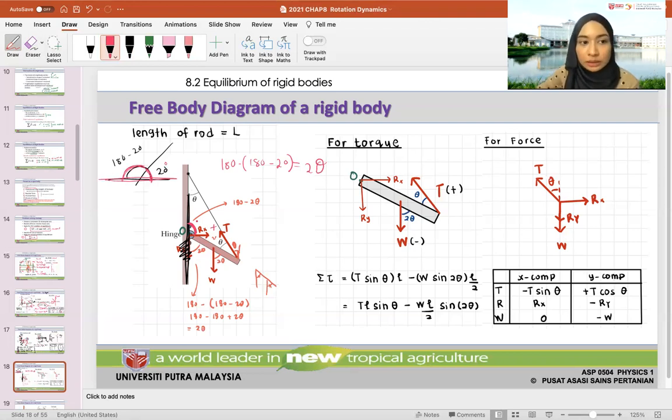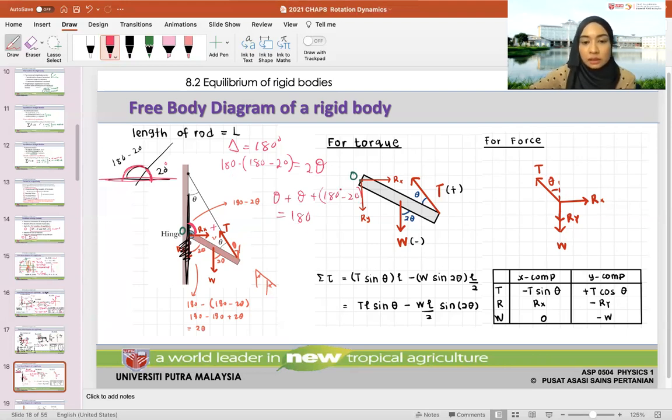Now, the total angle in a triangle must be equal to 180. This is like modern maths back in high school. So if we add all the angles in this triangle, theta plus theta plus 180 minus 20, we will get 180. I'm just rearranging this equation.